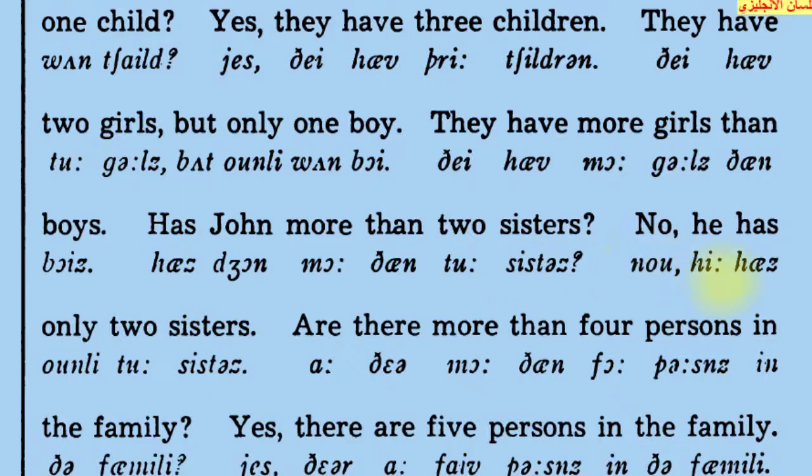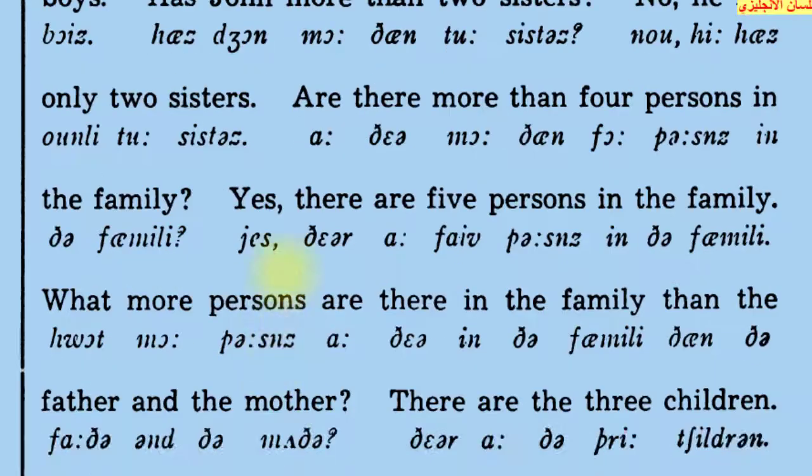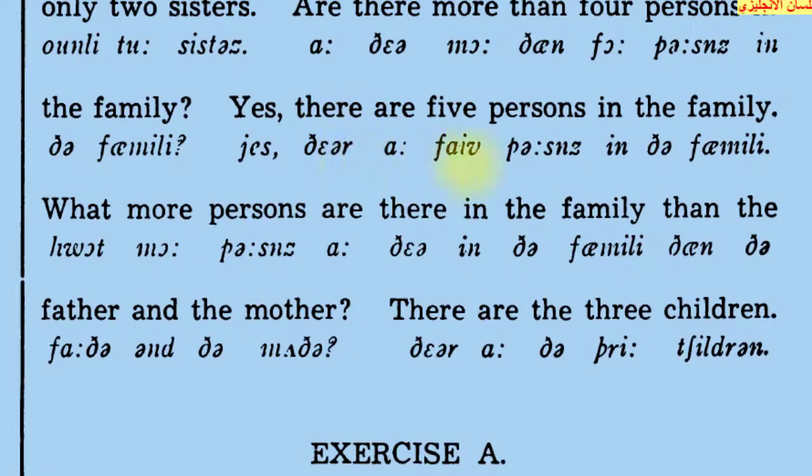No, he has only 2 sisters. Are there more than 4 persons in the family? Yes, there are 5 persons in the family. What more persons are there in the family than the father and the mother? There are the 3 children.